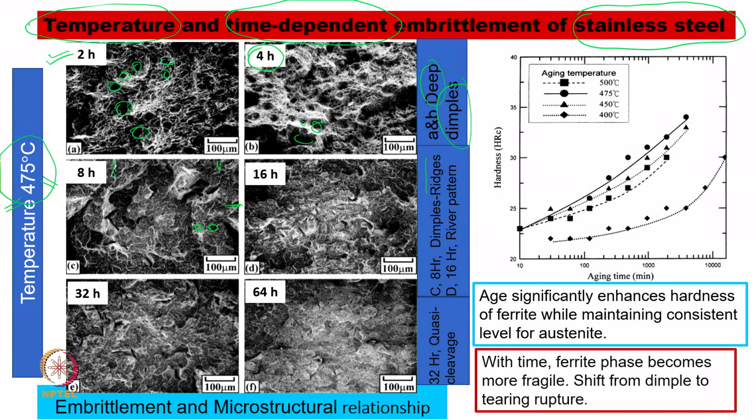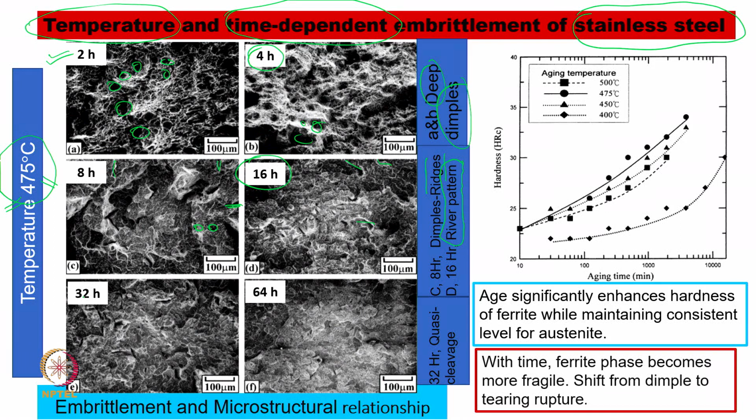And after 16 hours, they find more and more points compared to the dimples, and the dimple density has reduced. Here we can use the word river pattern, and they find more river pattern after 16 hours, and this causes more of a brittle failure.